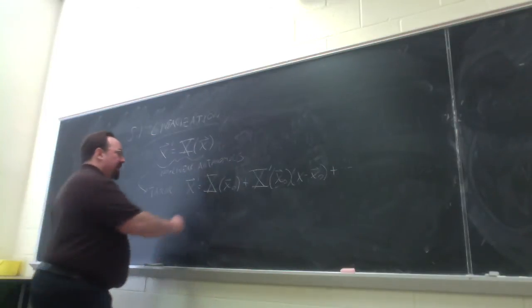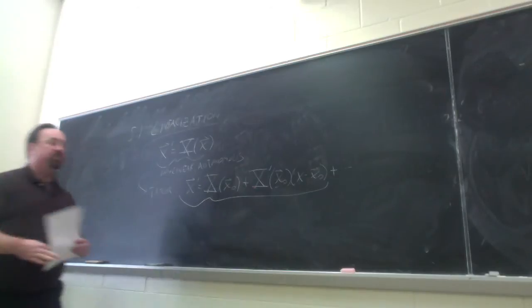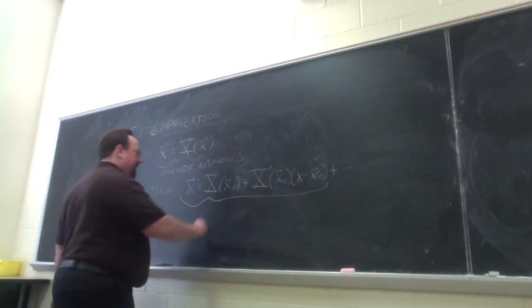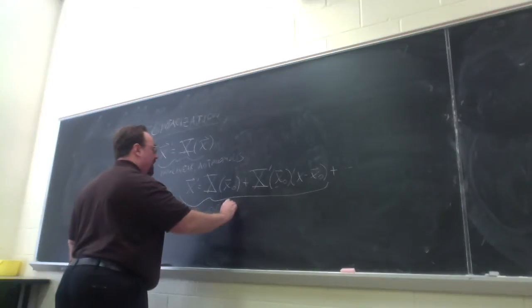So what we can do is we just truncate it at this point, so we ignore all those Taylor series terms that I was too lazy to write. This is a linear system.